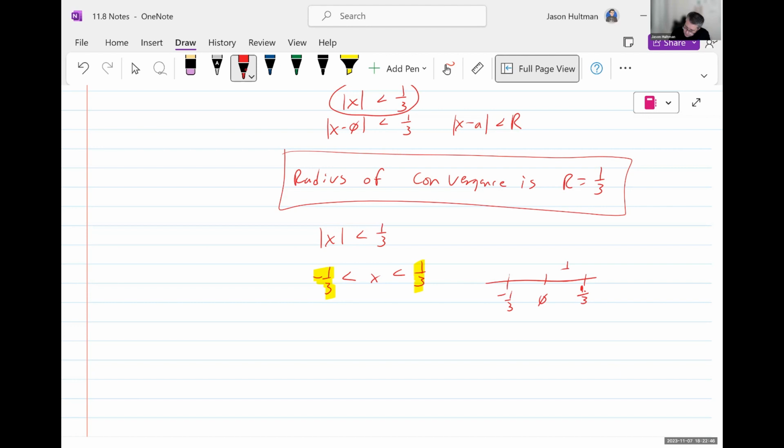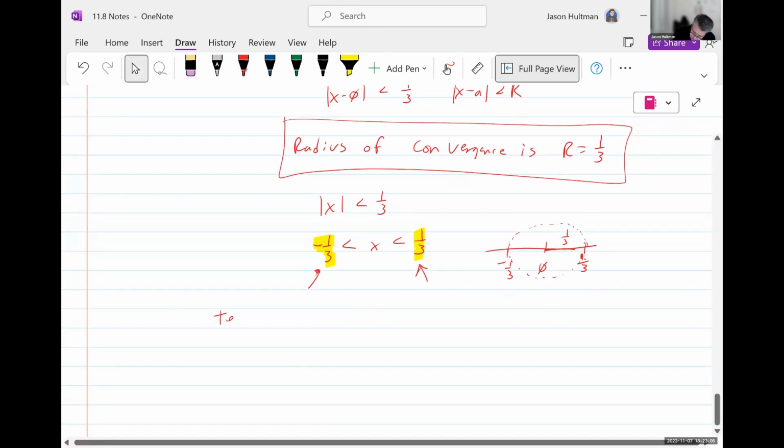So the radius of convergence is 1/3, because again, think of it like a circle. But what's in question are the endpoints themselves. So we need to know, well, what happens at the endpoints?